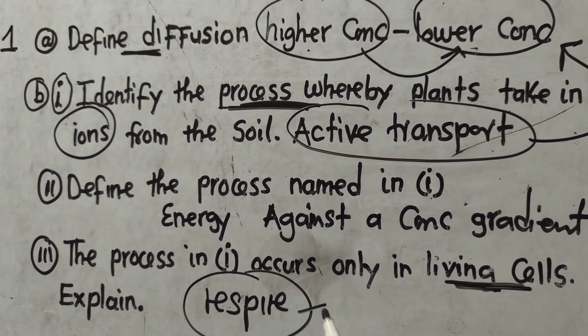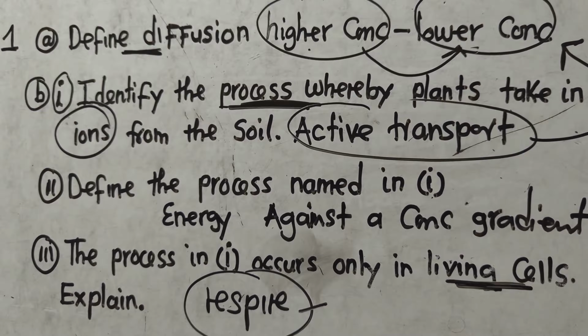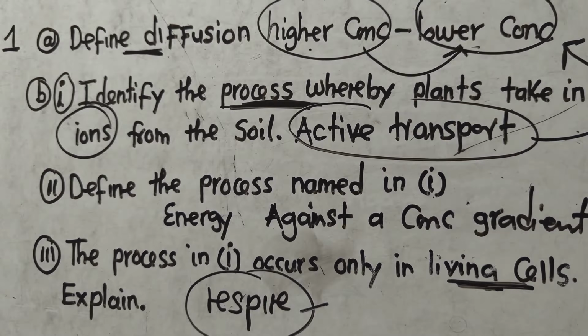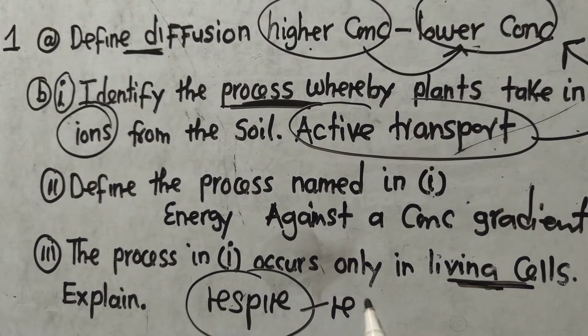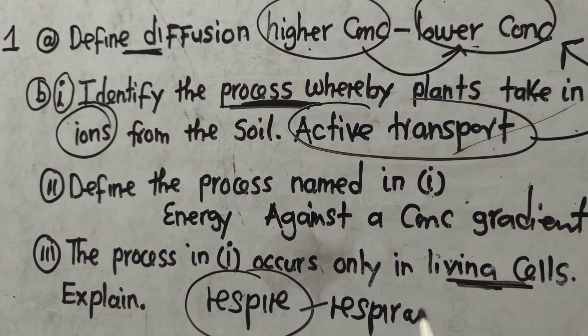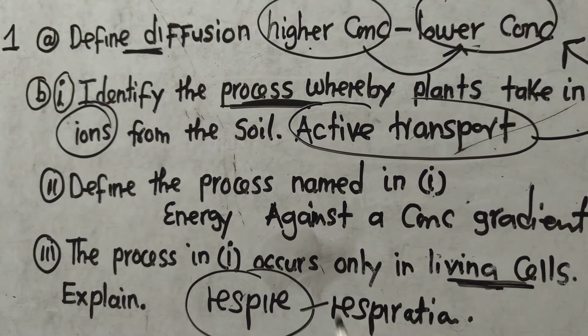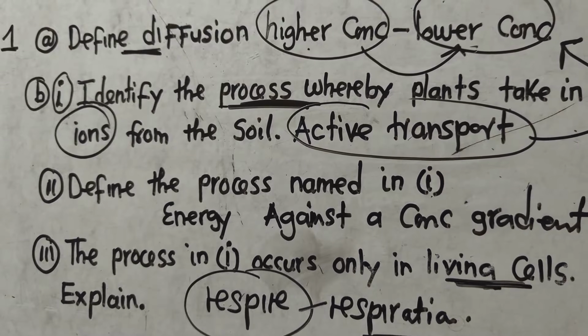So the reason why active transport occurs only in living cells is because there is a process that takes place in living cells called respiration.